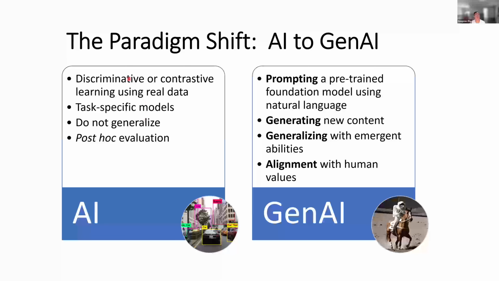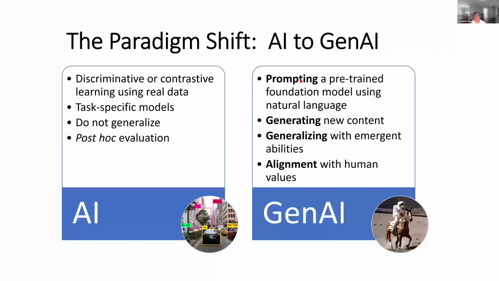People were building classifiers using real data for each specific task, and those models usually do not generalize well to different tasks. There were also post hoc evaluations. This is the standard use case: target detection in an image, or labeling different organs in medical images.